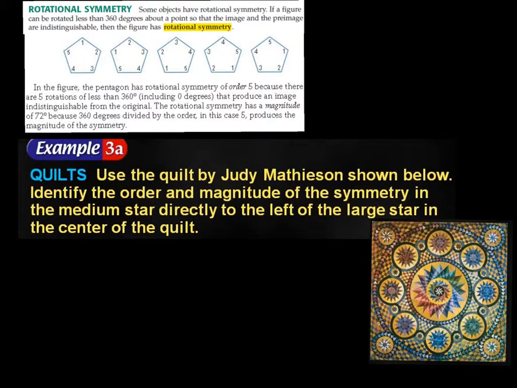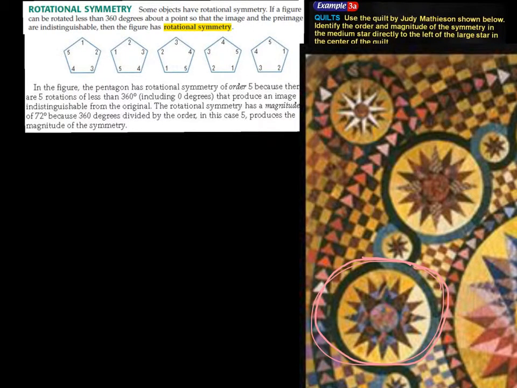Identify the order and magnitude of symmetry in the medium star directly to the left of the large star in the center of the quilt. Now, I'm not sure how they expected us to count that without blowing it up like I just did. But since I did blow it up, we can count, and there are 1, 2, 3, 4, 5, 6, 7, 8, 9, 10, 11, 12, 13, 14, 15, 16 points on that star.